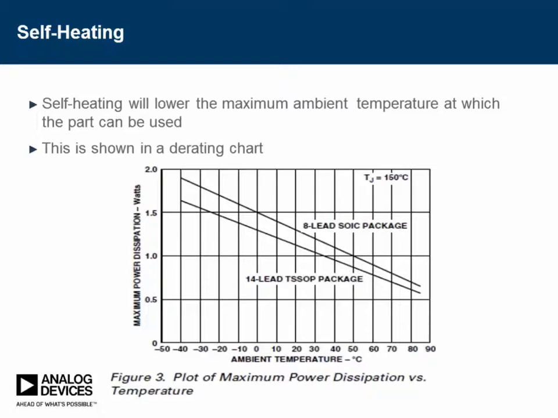So you can see that if you're going to use the 8-lead SOIC package and run the product at 1 watt, then the maximum ambient temperature is 50 degrees C. Now, you look at the chart and you go, well, I could run it at 2 watts as long as I keep it at minus 50 C. But we show these temperature derating curves so you can figure out where to set the product and how to apply cooling to keep the product in the right range. Now, this is for a junction max of 150 C, but at 125, these curves would move over.